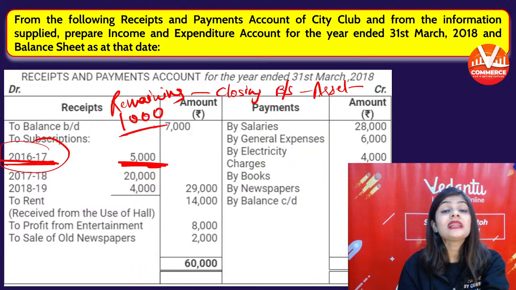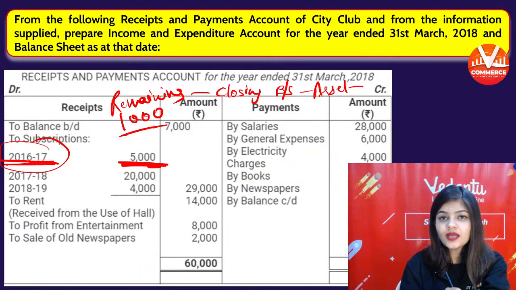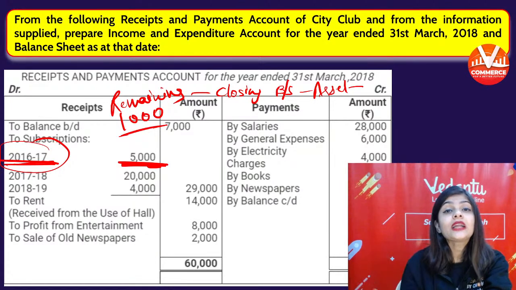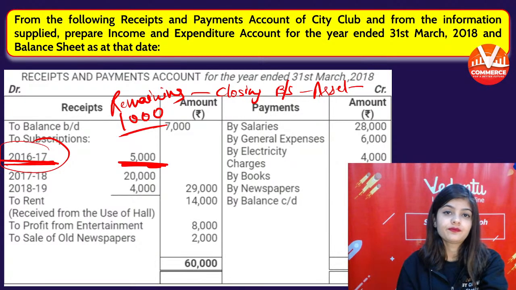So we will also record this 1,000 in the closing balance sheet.